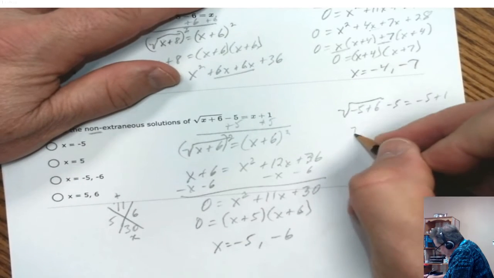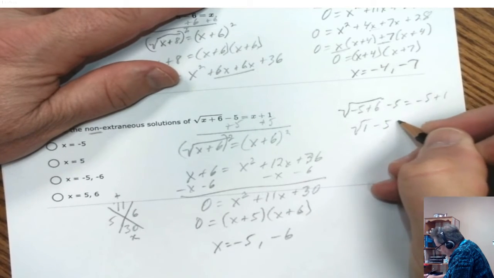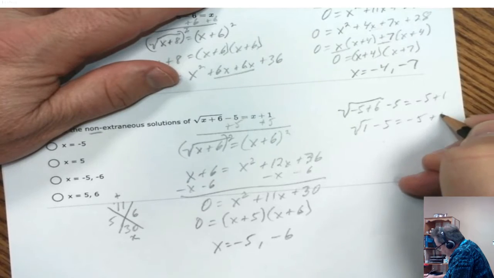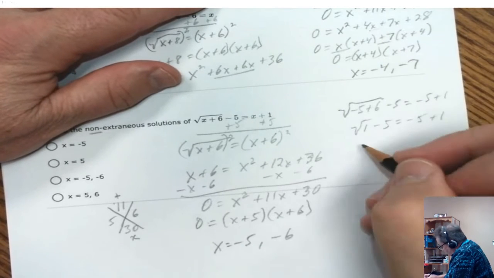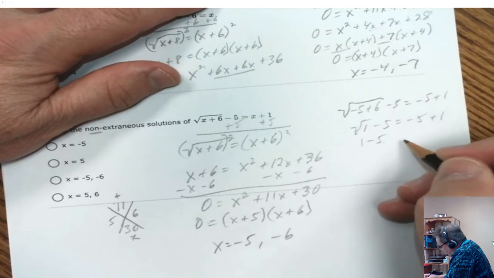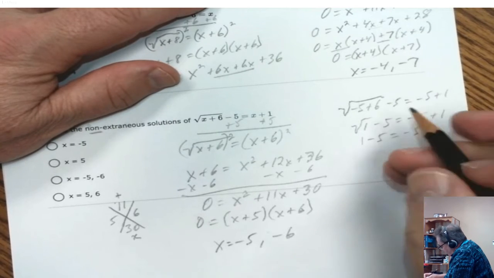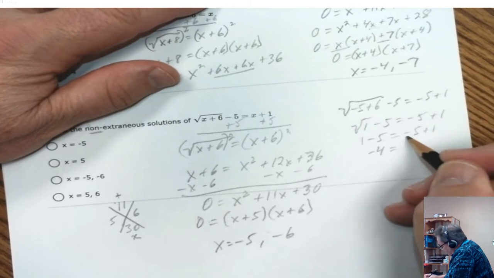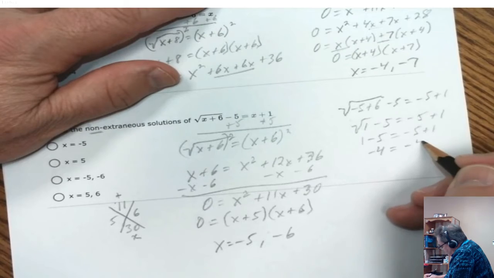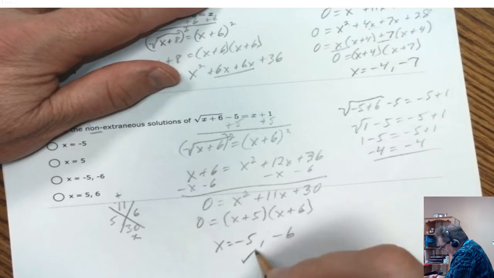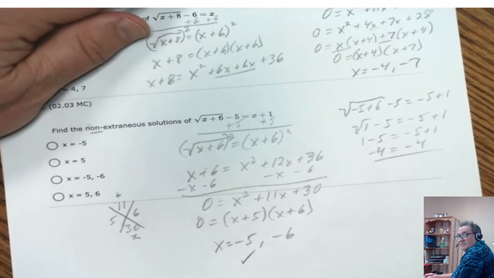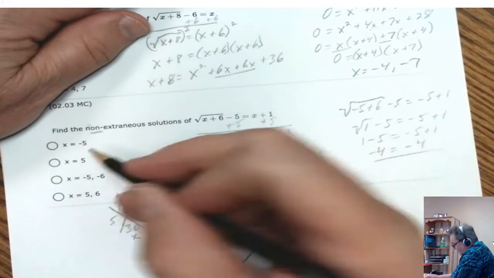Negative 5 plus 6, so that's the square root of 1, minus 5 equals negative 5 plus 1. So square root of 1 is 1. 1 minus 5 is negative 4. Negative 5 plus 1 is also negative 4. Negative 5 checks out.